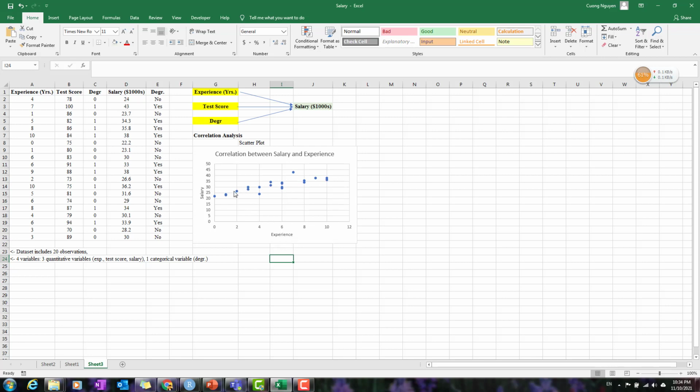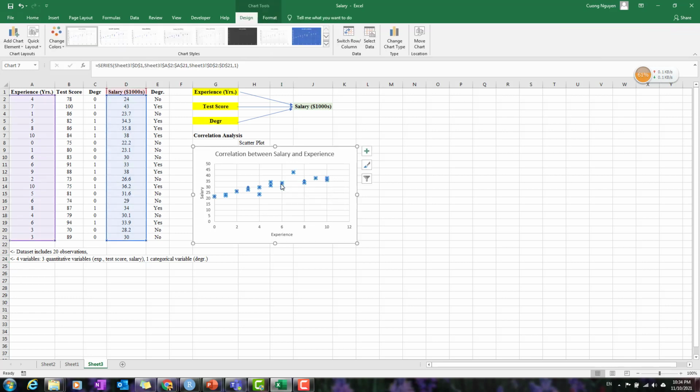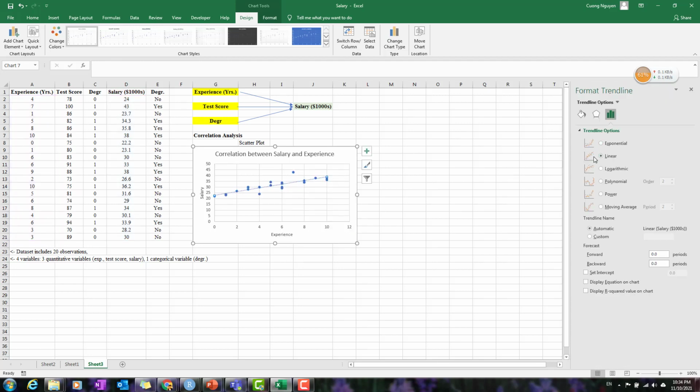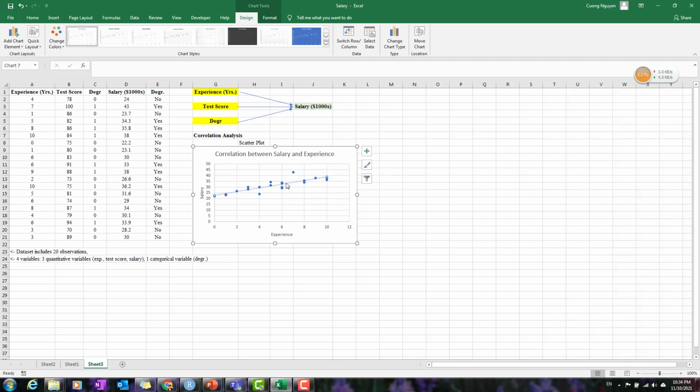That means the higher the experience, the higher the salary I can make, and I can confirm it one more time by right clicking and adding a trend line. This creates the linear regression for me, and it shows the trend line going up. That means it could be a positive relationship.